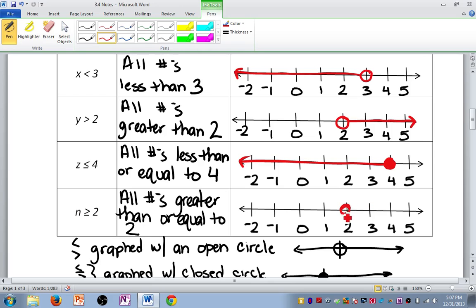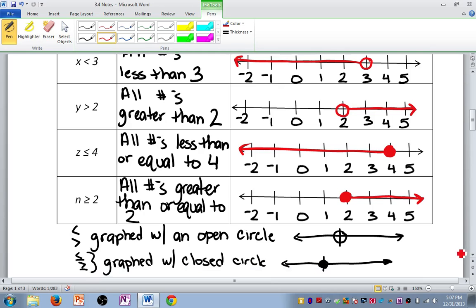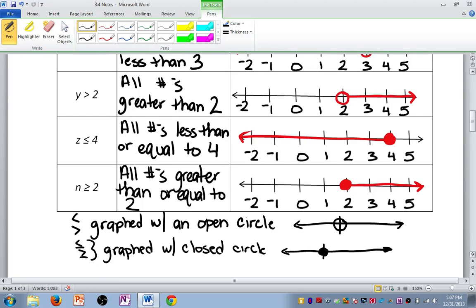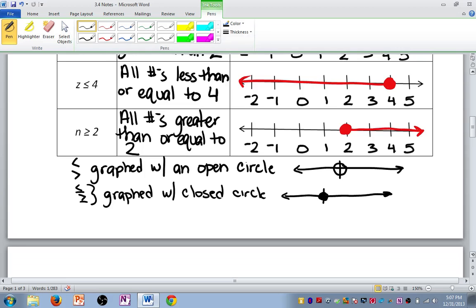N can be equal to 2, or it can be any number bigger than that. I'll give you a couple of seconds to fill in that chart. Okay, moving on to the next page.